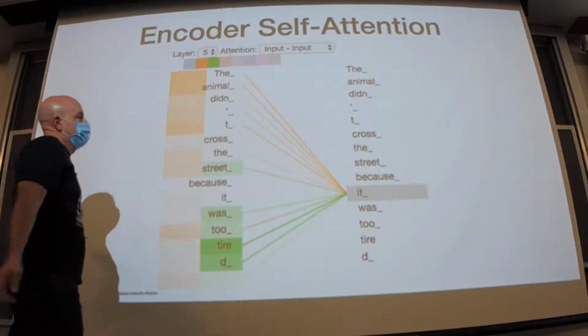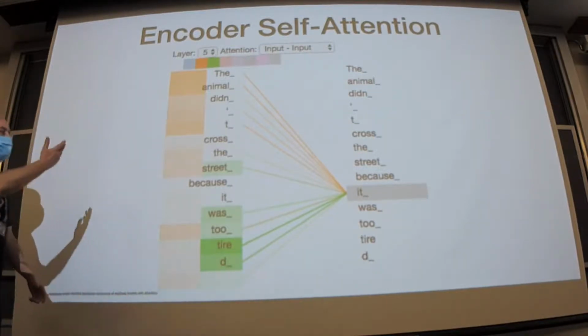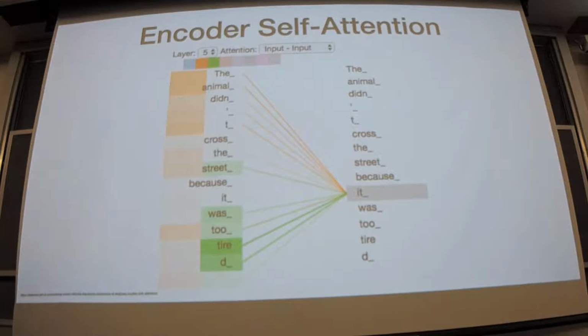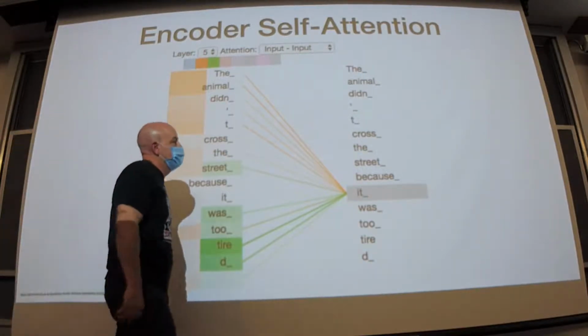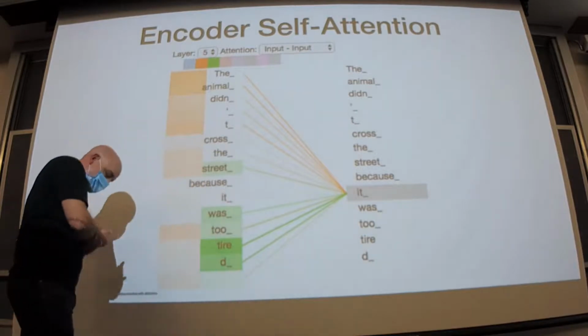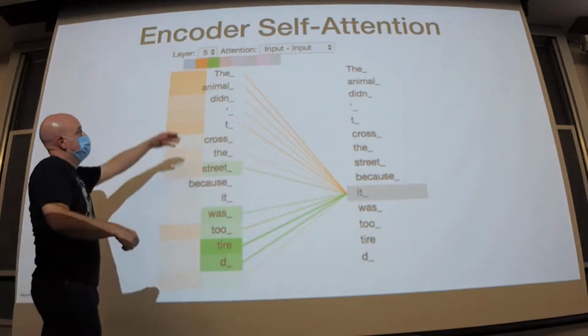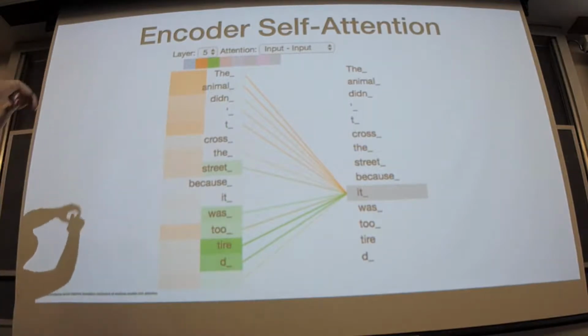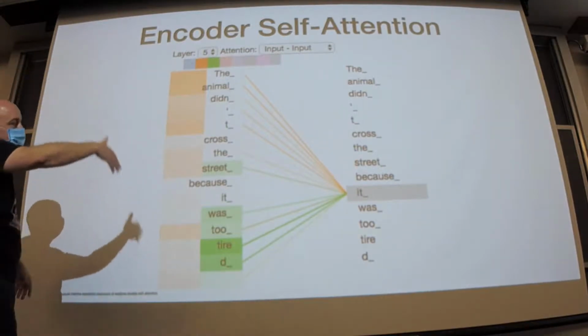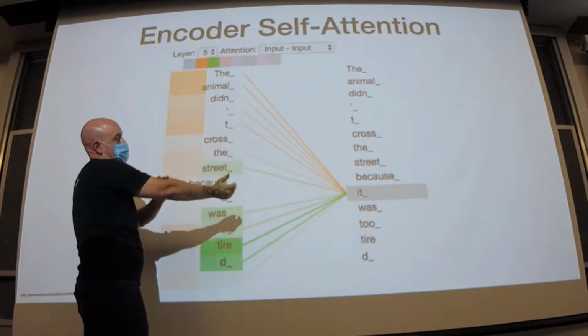So what kinds of things are being learned by these heads? Here's an illustration of 2 different heads. This is actually looking further along, at the 5th of 6 layers, but this is just something I pulled from that blog post.